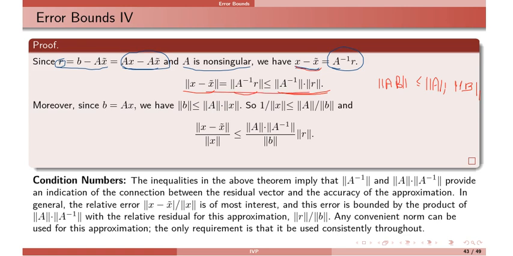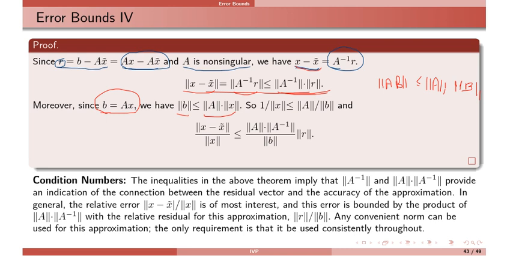And now we need to find the formula for the relative error. So you need to divide by x, or norm of x. Since you have b equal to Ax, where x is the true exact solution, again take the norm on both sides. Norm of Ax is less than or equal to norm of A times norm of x.